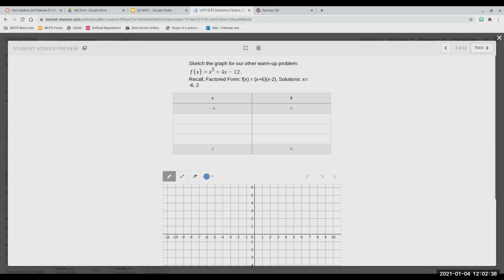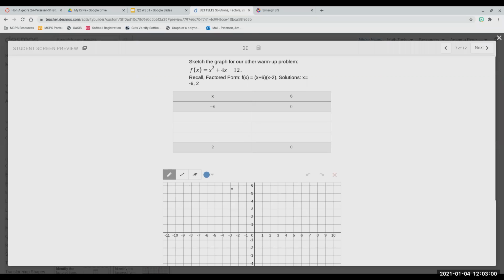So now that we've got our vocab, we understand how the solutions connect to the graph, and we understand how the parabola opens up, let's actually sketch a graph. We're going to sketch the other problem from the warm-up, x squared plus 4x minus 12. That way we already have the factored form and the solutions.